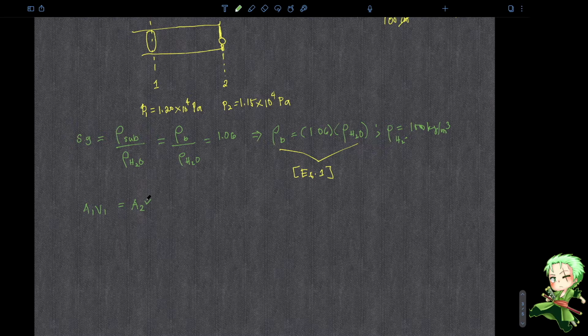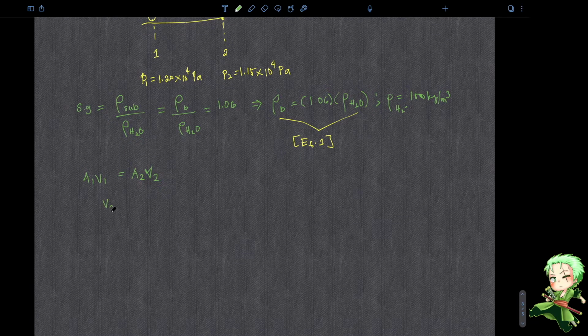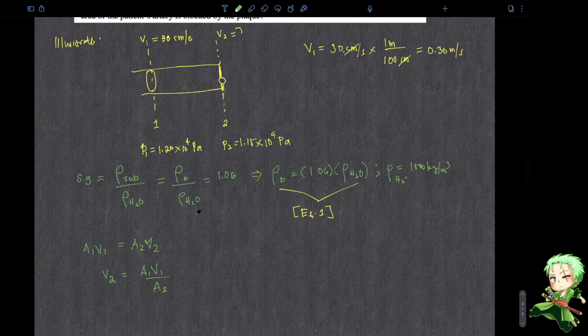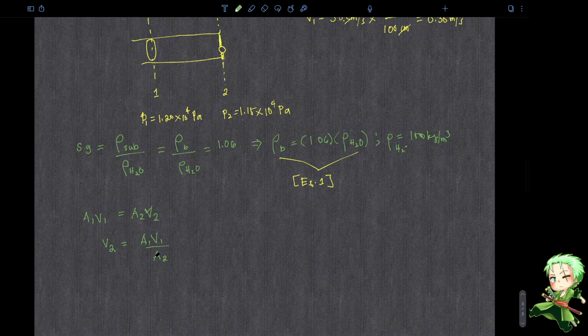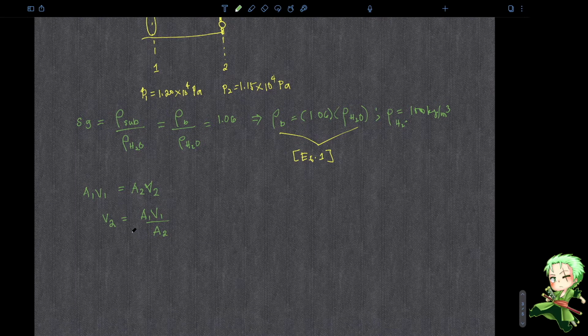So what you are going to do is find an expression for V2. So you have V2 is equal to A1 V1 all over A2. Take note that you don't know these values yet, A1 and A2. So you could not just simply use that equation because you have two unknowns there.